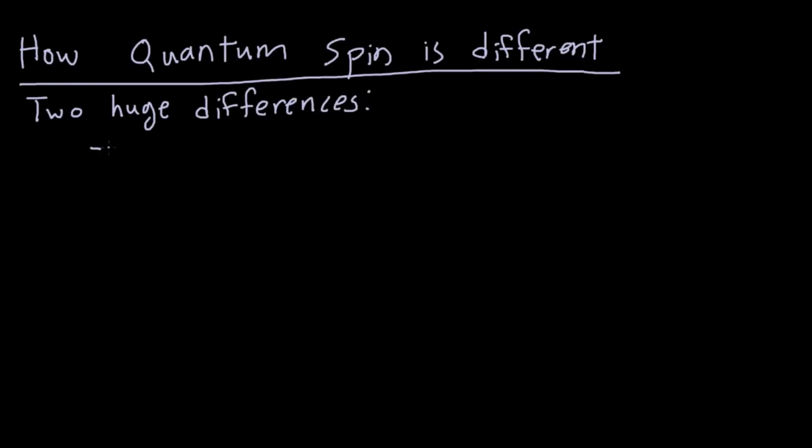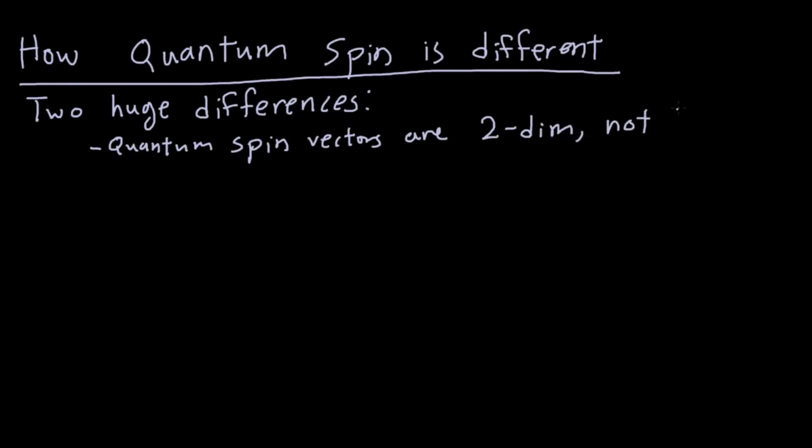The first difference is that quantum spin vectors are two-dimensional, not three-dimensional. So they only take two numbers to specify, not three numbers.